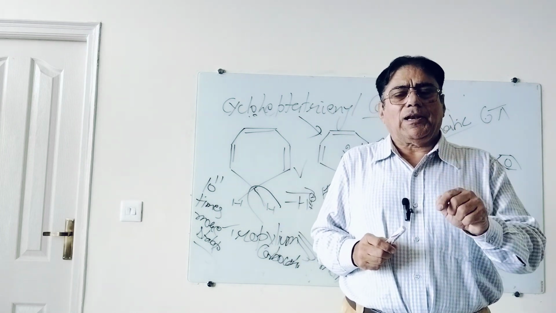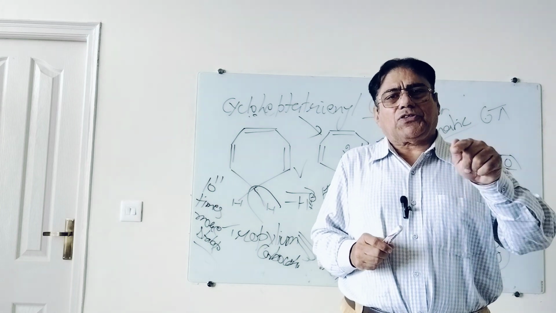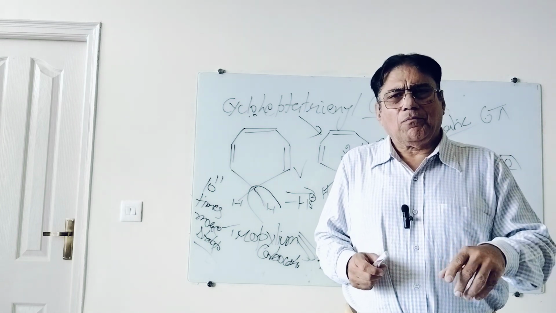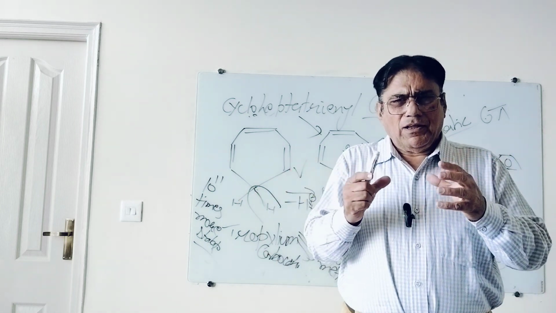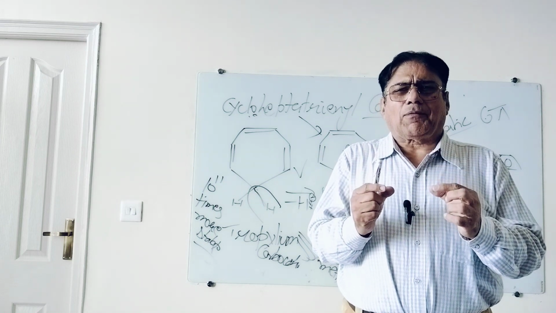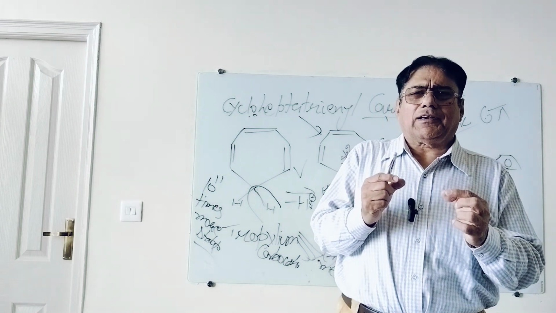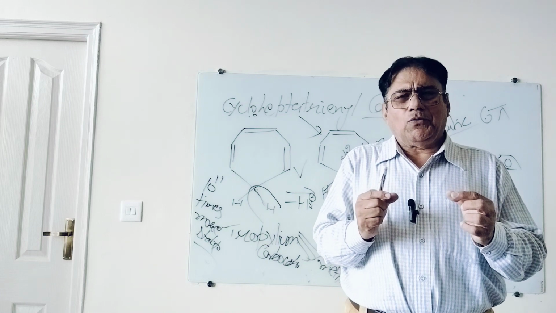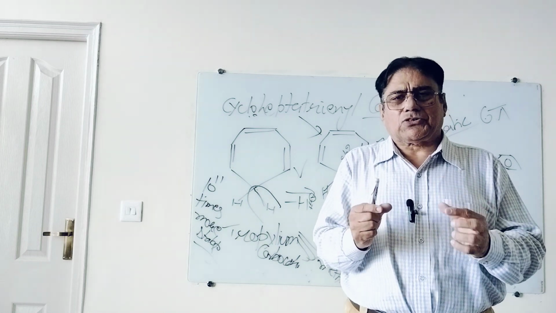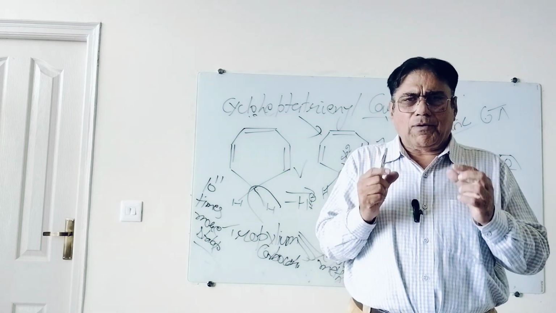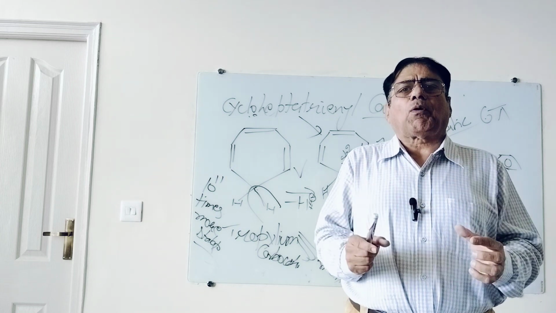Due to that non-planarity, because three heavy phenyl groups are on such a small carbon, that carbon can't tolerate the three heavy phenyl groups, so the structure becomes distorted, does not remain perfectly planar, and becomes propeller shaped.